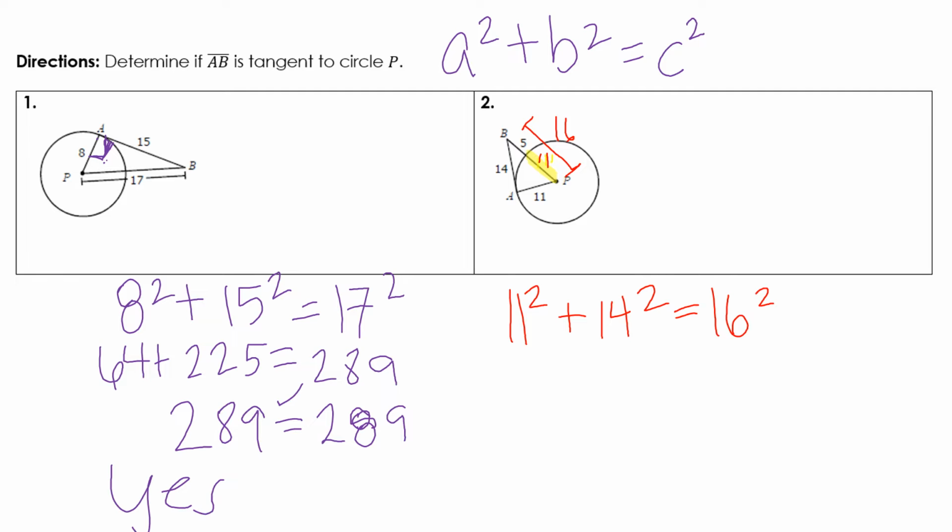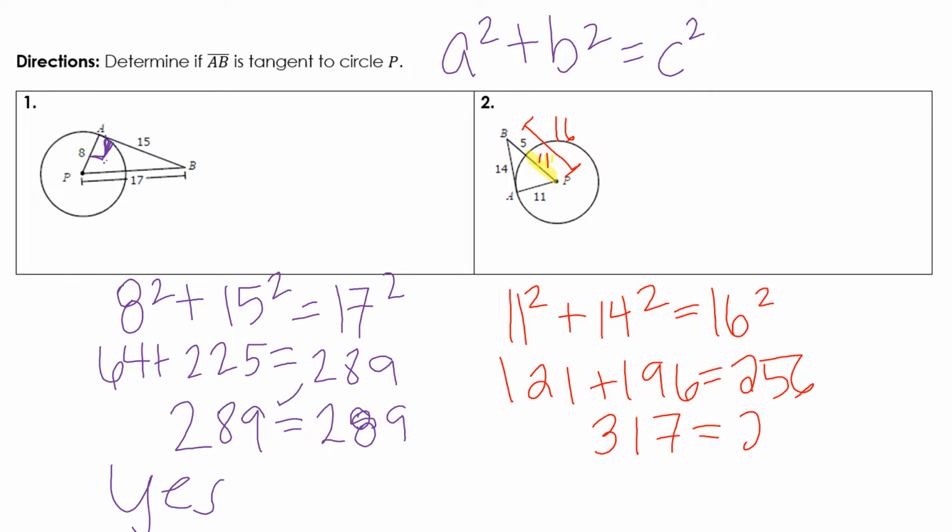So 11 squared is 121, 14 squared is 196, and 16 squared is 256. If you add 121 and 196, you will get 317. 317 does not equal 256, so that means that that is not a right triangle, which means that AB is not tangent to the circle.